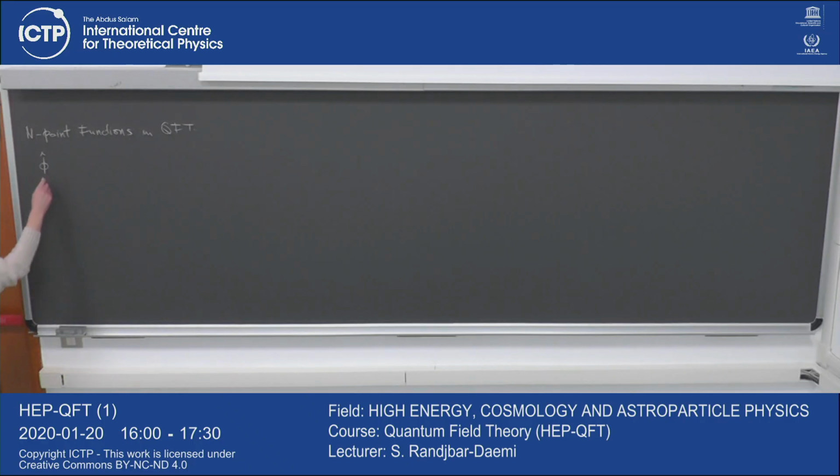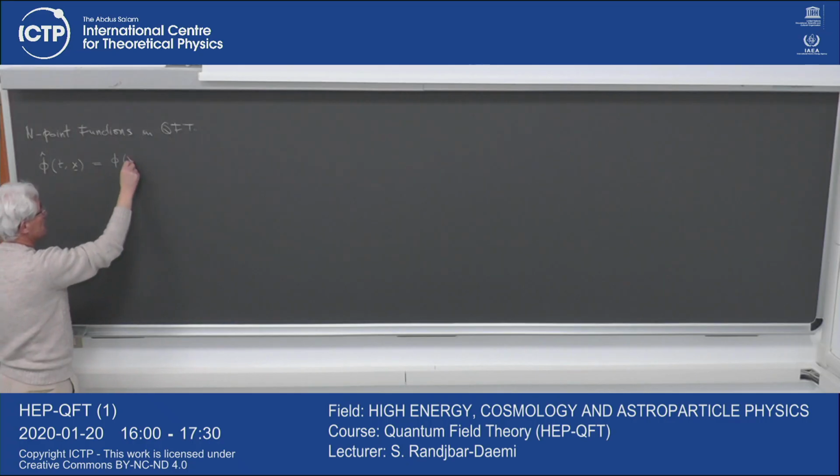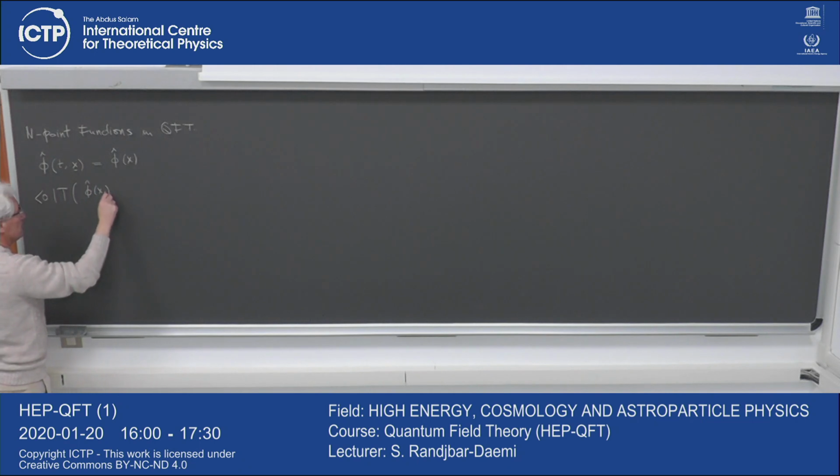They are fields in the sense that they are a function of t and x, the space coordinate, which our notation will be to write just as a function of a single x, where this x will be t and the space x. The objects of interest for us are the ground state expectation value of these operators.